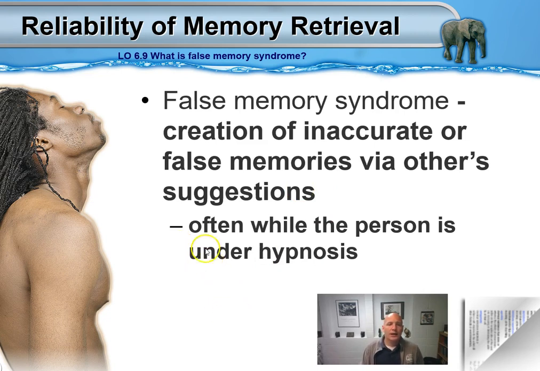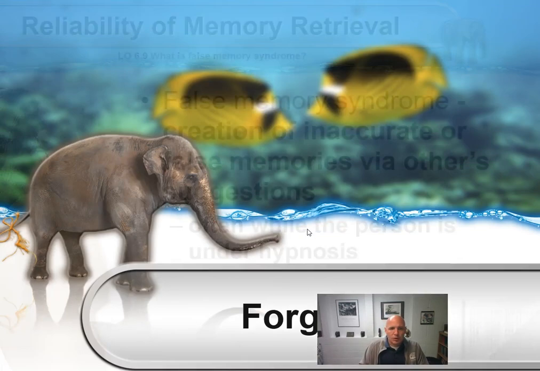Research has essentially said that this occurred because memories were implanted. When a person's hypnotized, it is possible for the hypnotist to implant false memories, and a person can really remember something as it happened, even if it didn't happen. So hypnosis is not allowed as admissible evidence in court.